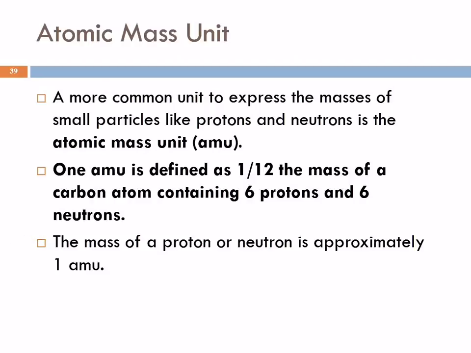And that may seem like a strange way to define a unit. And if you don't really grasp that, it's okay. But we'll see in a few minutes why the definition of this is significant. That makes the mass of a proton or a neutron approximately 1 AMU.